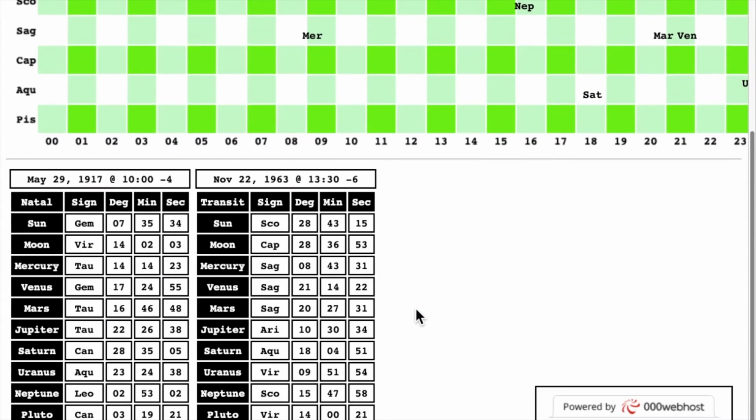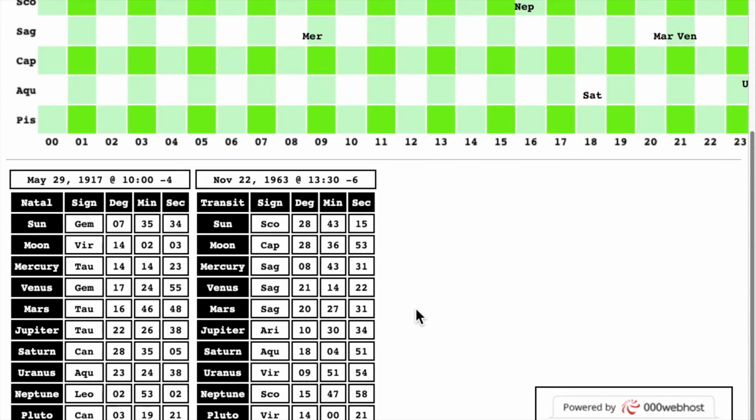And then if we look here, we can see the similar angles. We can see things in about 14 degrees, and then over here, here's a 14, and here's a 15.